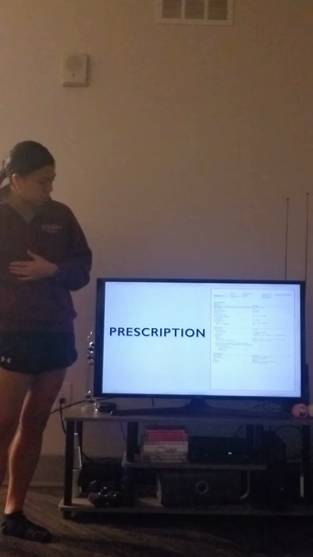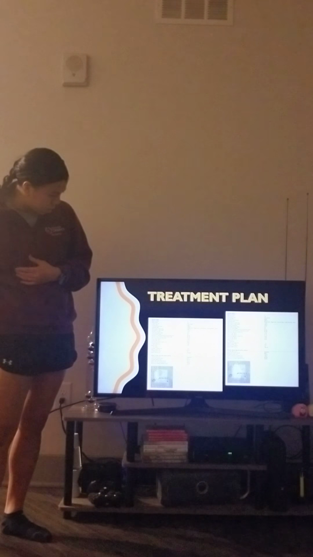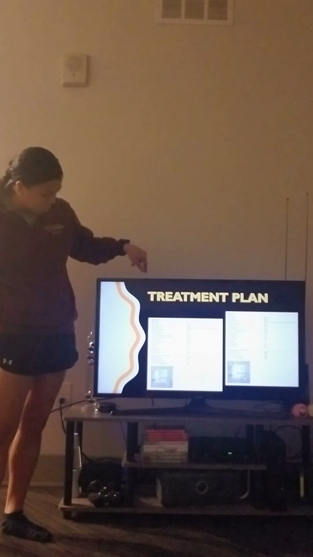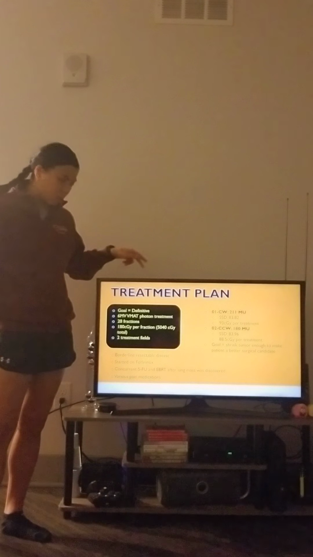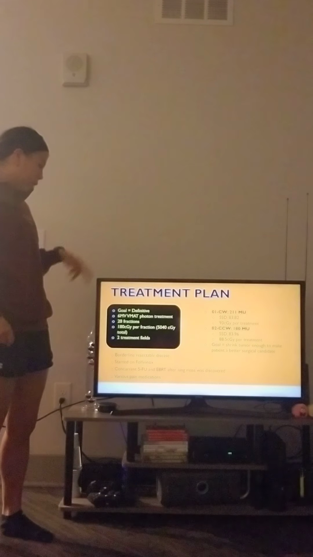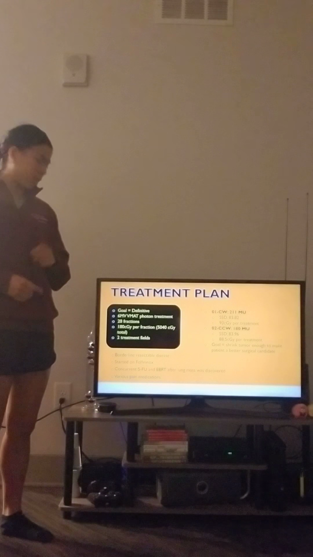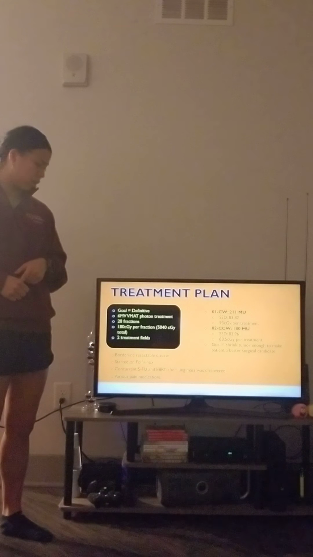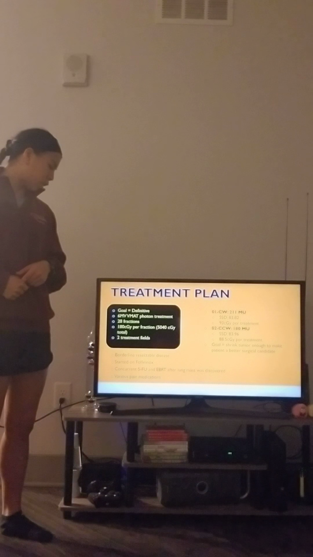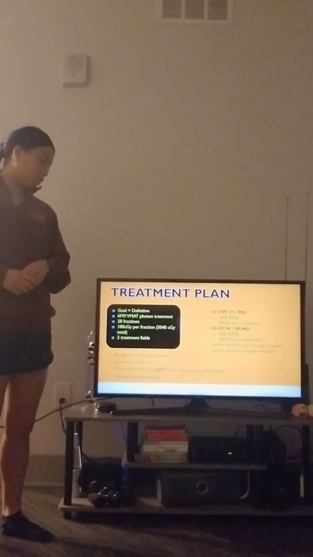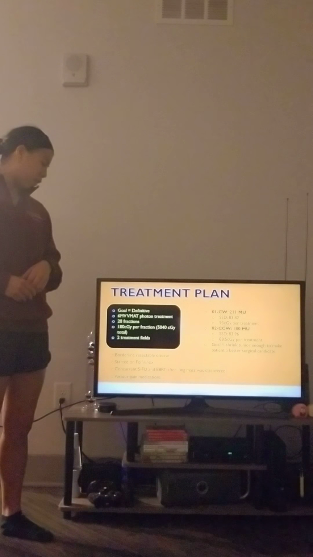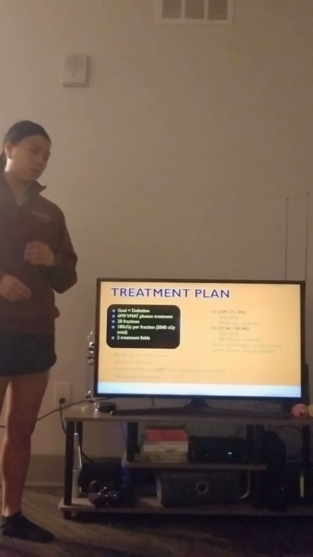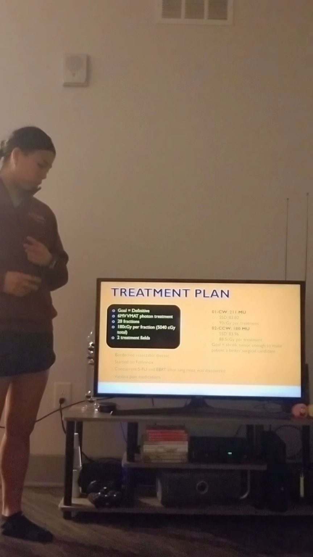So this is his prescription and treatment plan, beam orientation. His treatment goal was definitive. He was having a 6 MV VMAT photon treatment, 28 fractions, 180 centigray per fraction at 5,040 centigray total. He had 2 treatment fields.